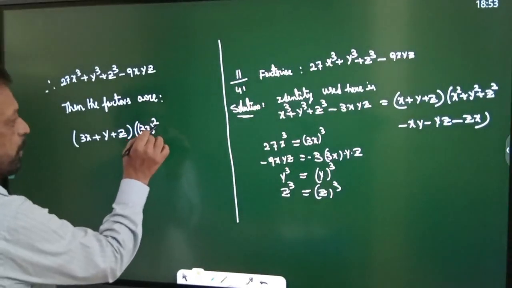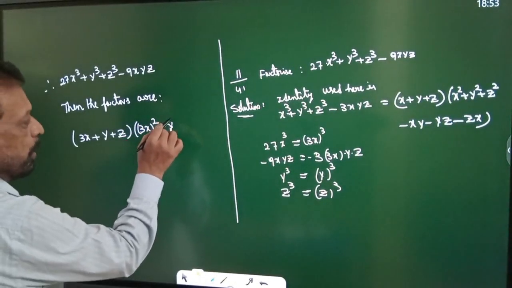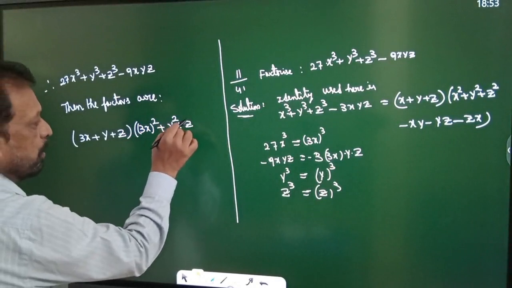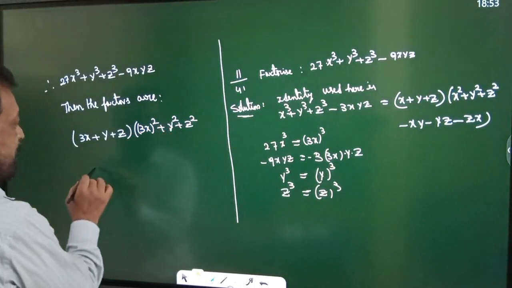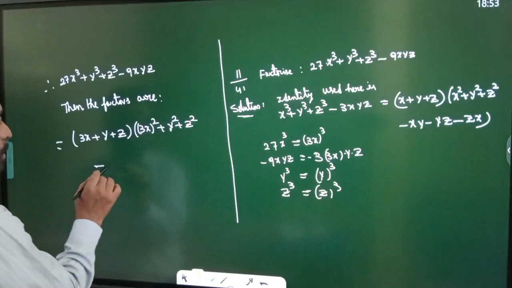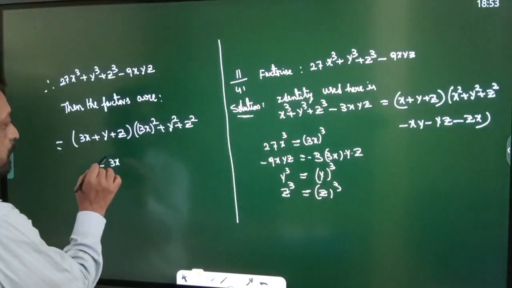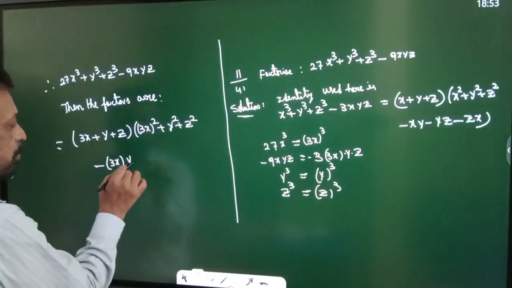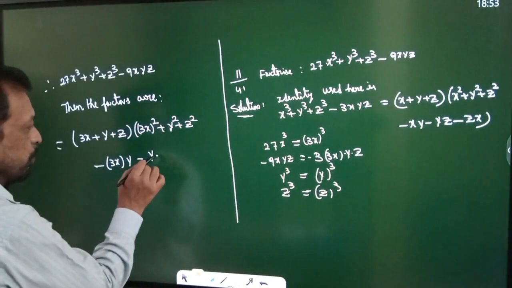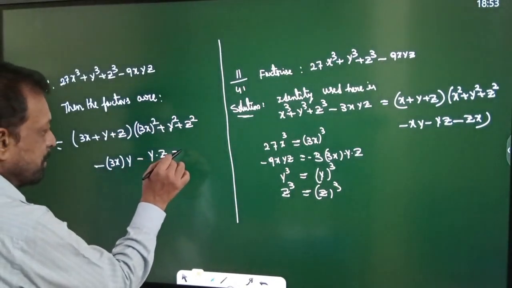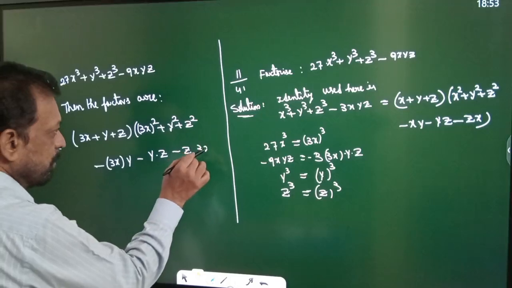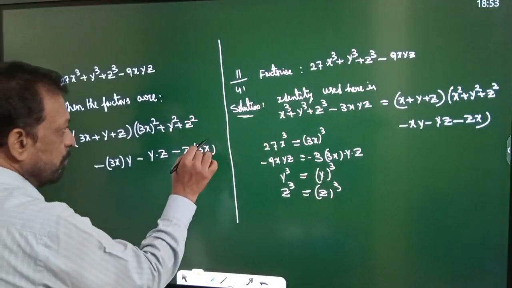Be careful about squares. Plus y square plus z square minus 3x into y minus y into z minus z into 3x. Okay. Now make it simplify. This is the one factor.